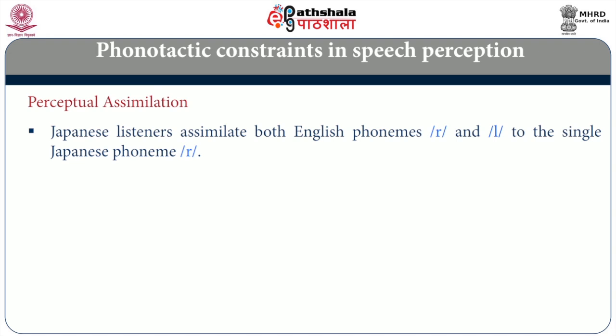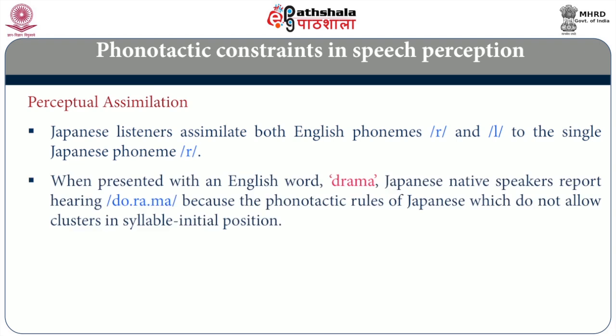It's perceived as r. But what happens when they hear drama? When Japanese people hear drama, they report hearing do ra ma. They insert do. The da and ra cannot come together in Japanese.